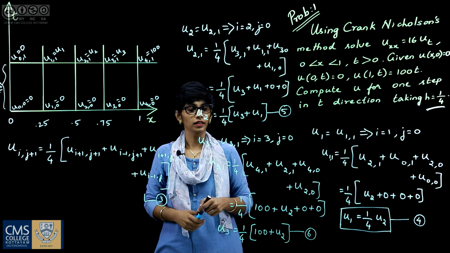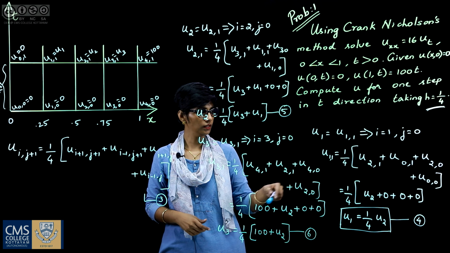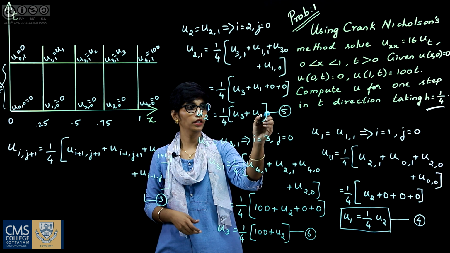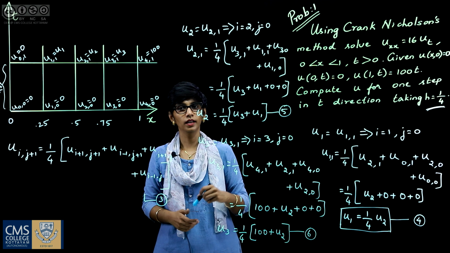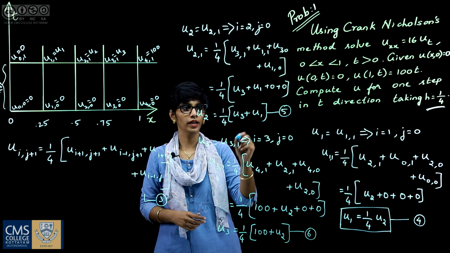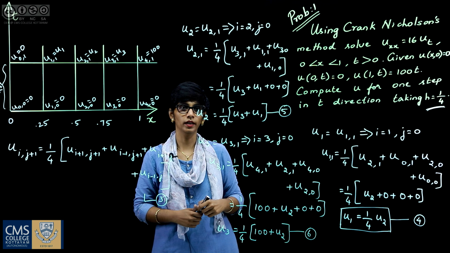This is equation number 6. Now we are going to substitute the fourth and sixth equation in fifth equation, and solve to find the values of u1, u2 and u3.